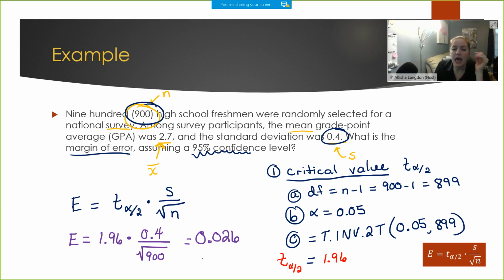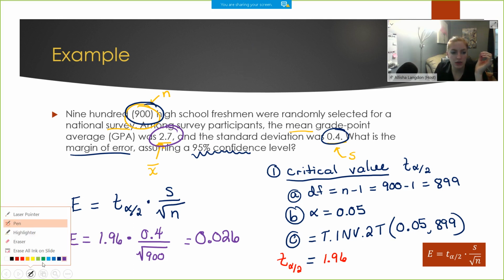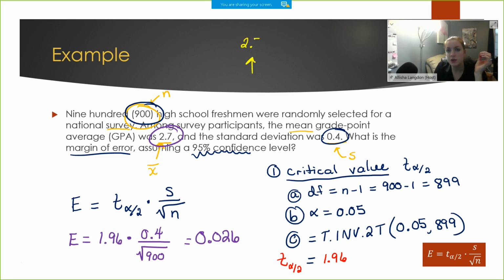Basically what that means is if the GPA for our sample was 2.7, that was, ooh, do not use that color. Let me show you visually. 2.7 was our sample mean, which was also our point estimate.